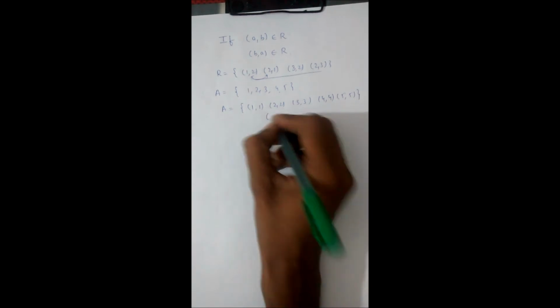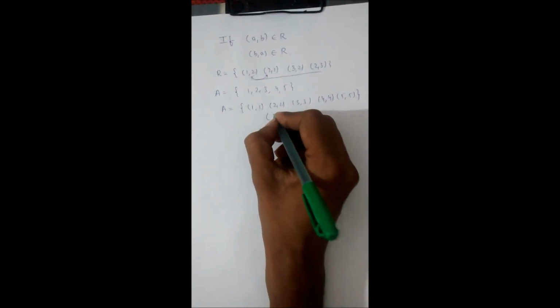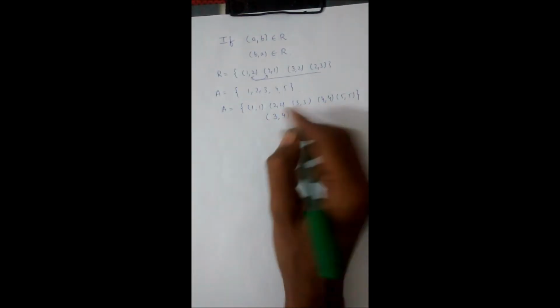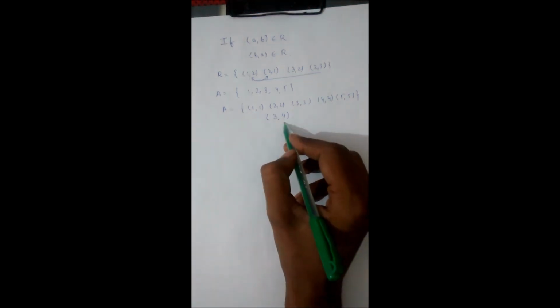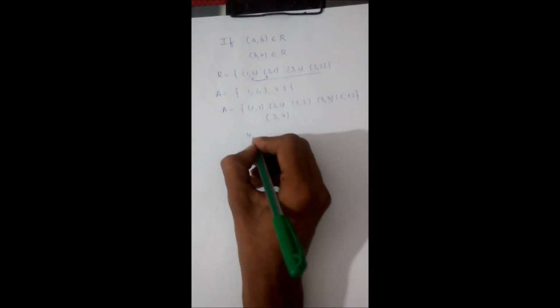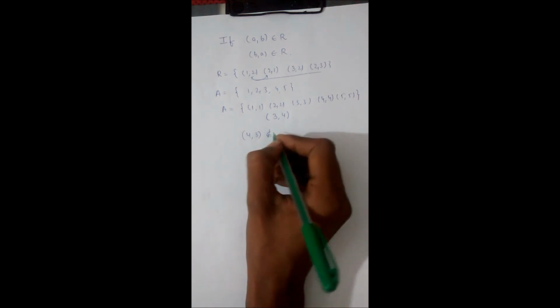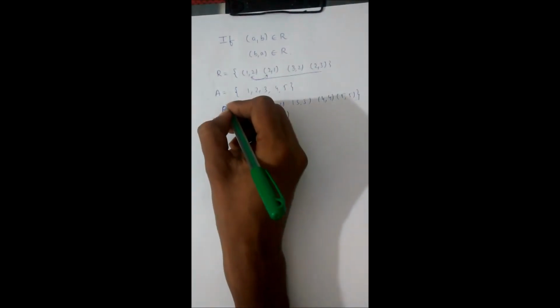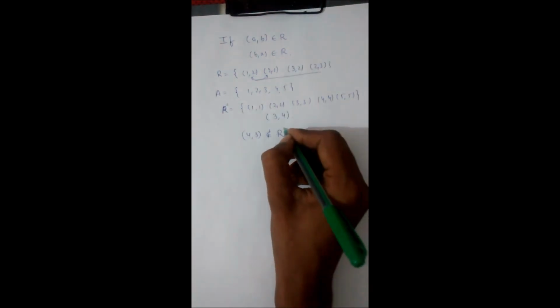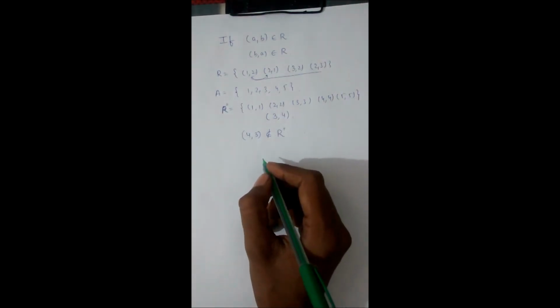If I include just one more element, that is (3,4), now this is reflexive but not symmetric, because (4,3) does not belong to relation R''. Clear?